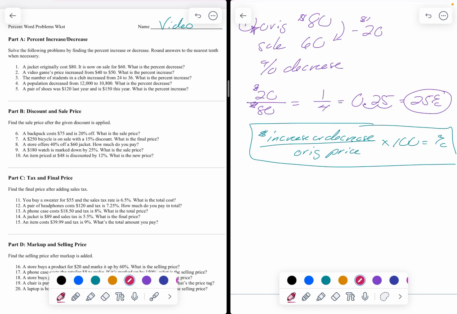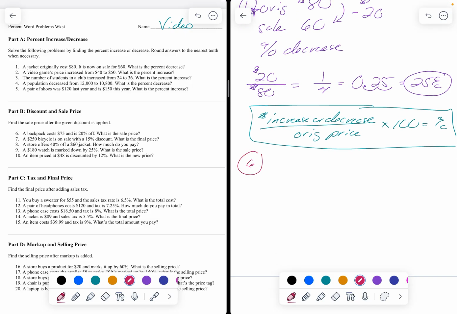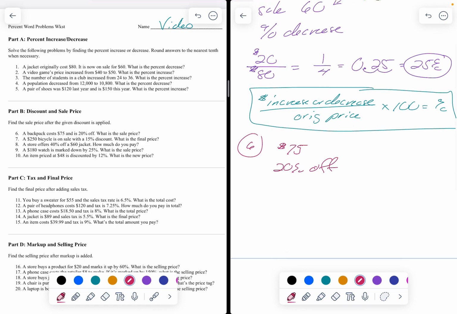Next, we have discount price and sale price. We're going to look at number 6. A backpack costs $75, but it's 20% off. What is the sale price? So, 20% off. There's a couple ways you can do this. To figure out what is 20% of 75, we could do 75 times 0.20, which is the equivalent of 20%.